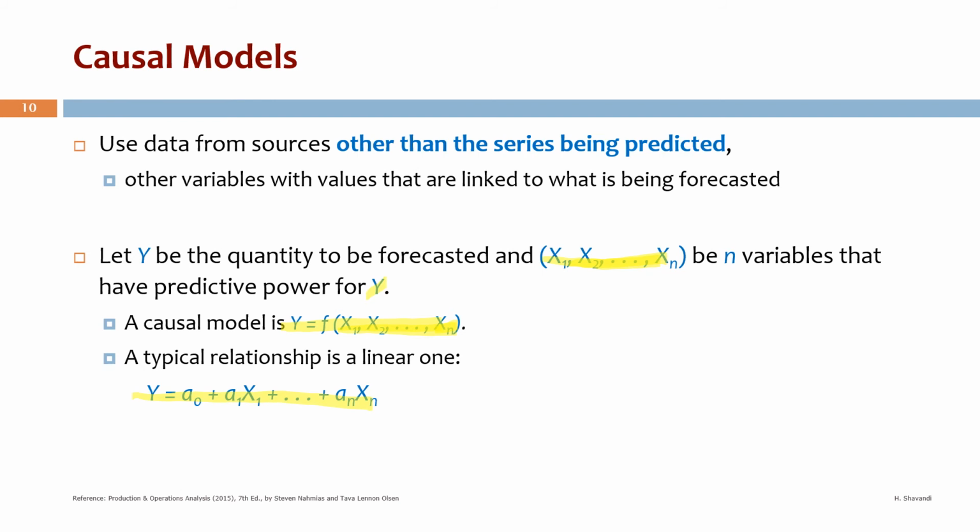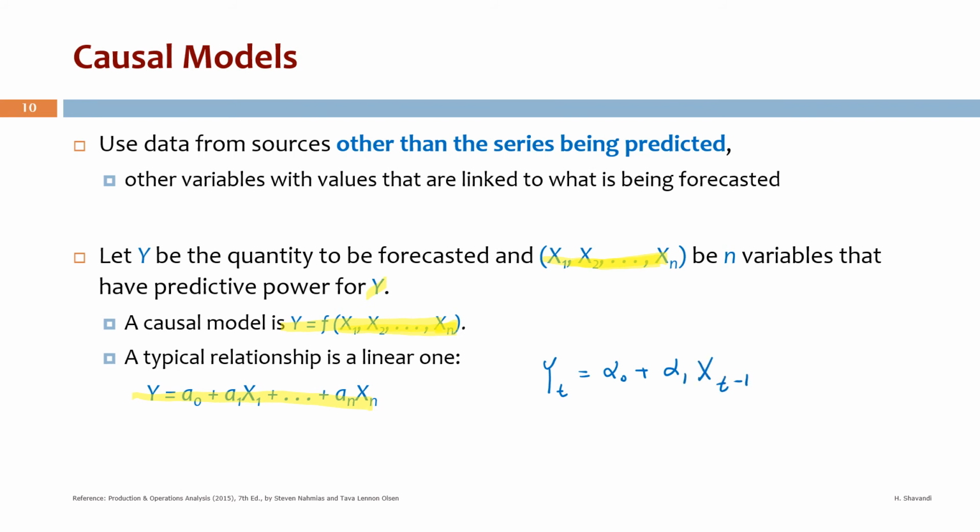Let's have an example here. For example, we are interested in forecasting the number of homes that can be sold in a typical year based on the interest rate in the previous year. So to do so, we'll have a model like this: y_t, the number of homes sold at year t, will be a linear function, let's say alpha 0 plus alpha 1 x_(t-1).